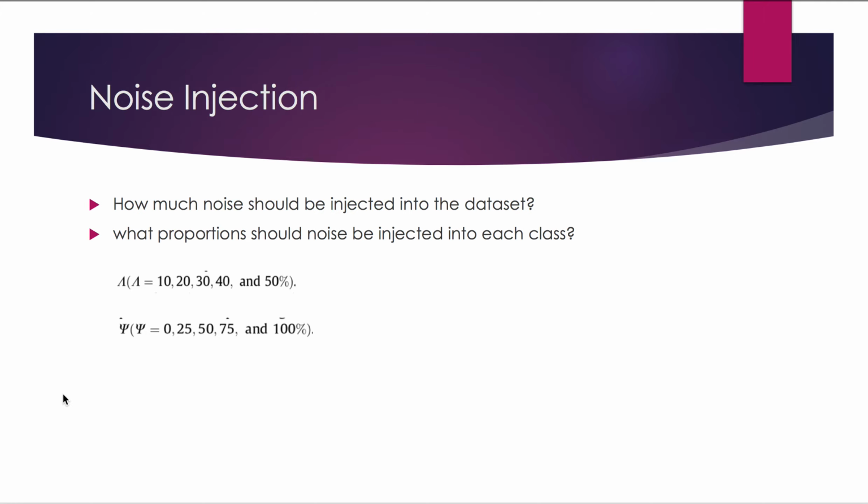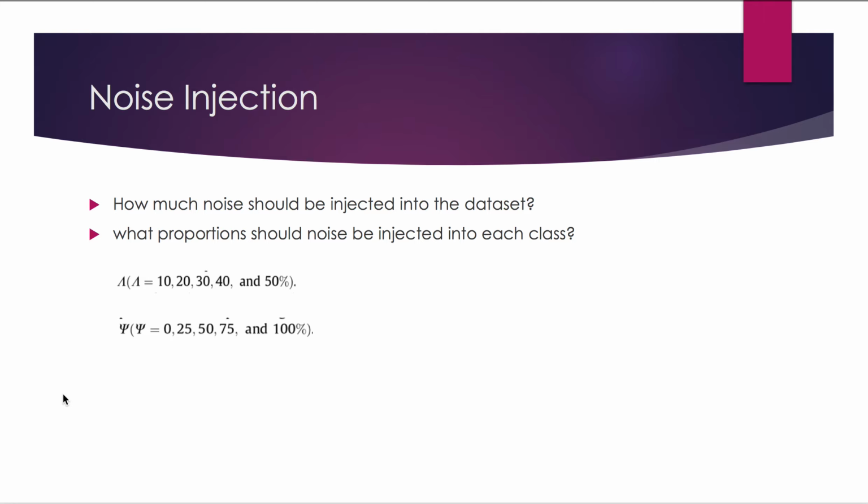After the data pre-processing, we are going to do the noise injection. At this step, the authors raised 2 questions. The first question is how much noise should be injected into the dataset.